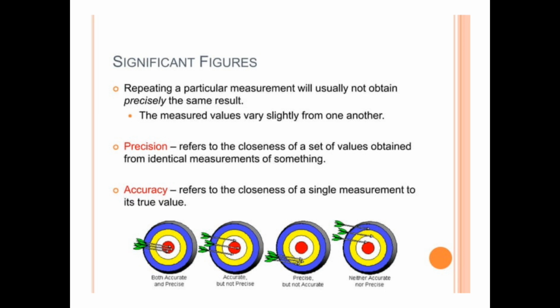It is precise also because each set of values obtained is very close. All three are close, so they are precise and accurate. One hit the center, others were very close. The one hitting the center is accuracy. The other two that are very close are precise.